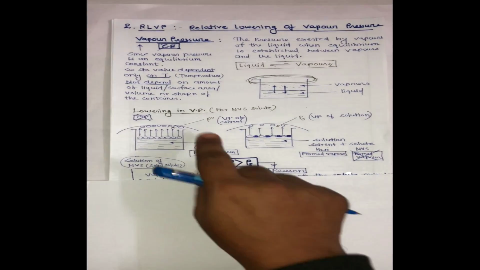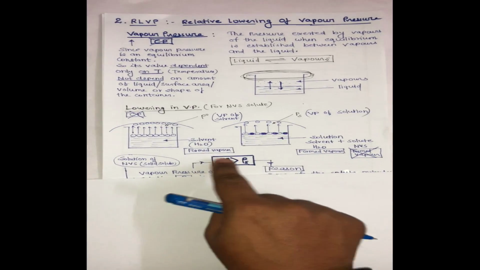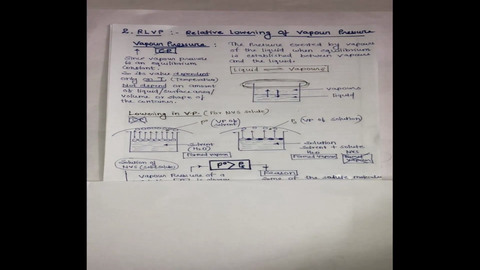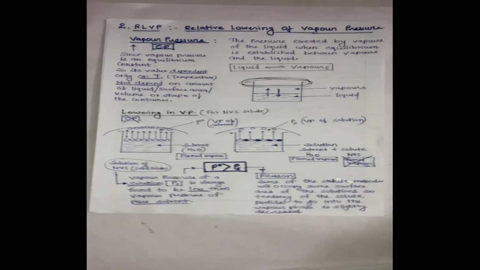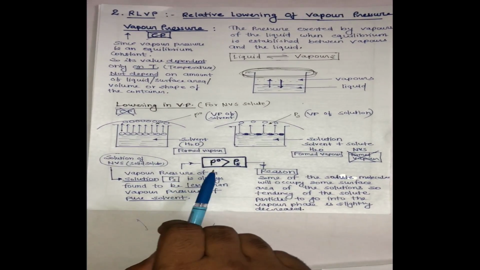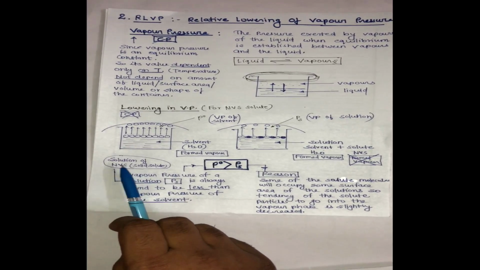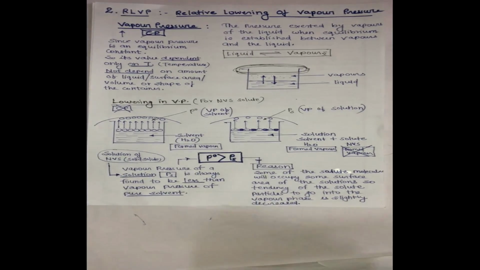So here P naught is the vapor pressure of pure solvent, PS is the vapor pressure of solution, and P naught is greater than PS. What is the reason behind this? PS is always lesser than P naught if the solution contains NVS solute.